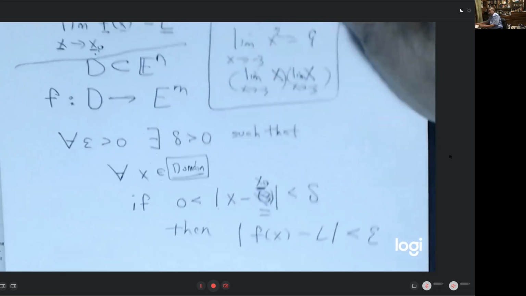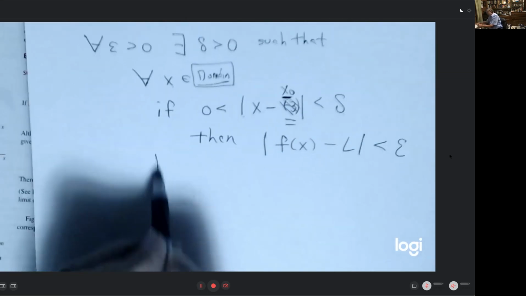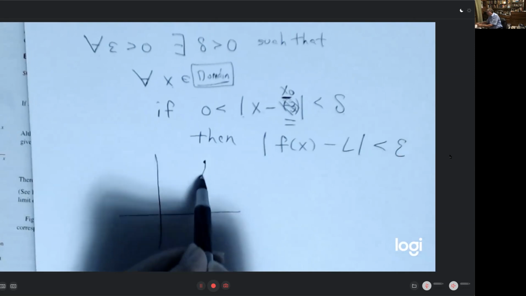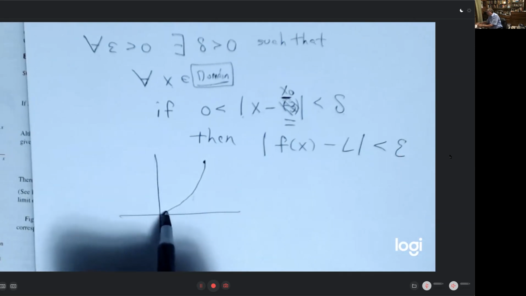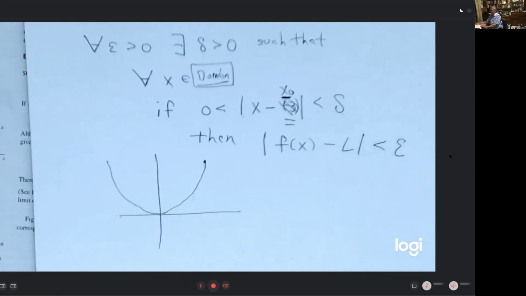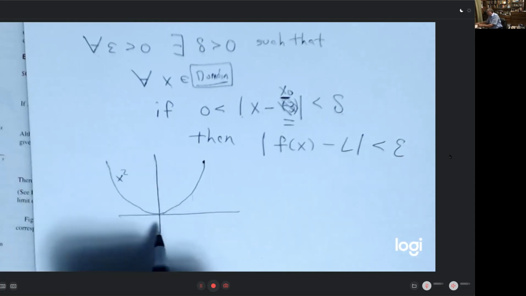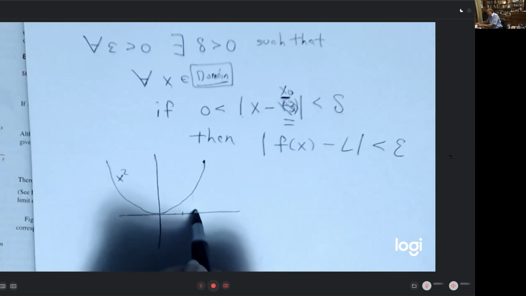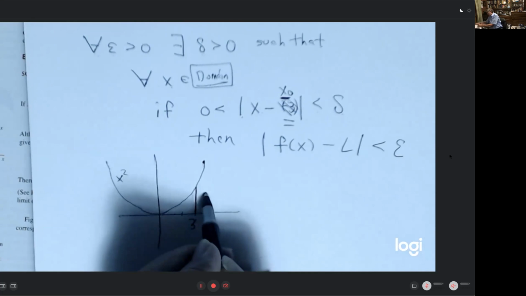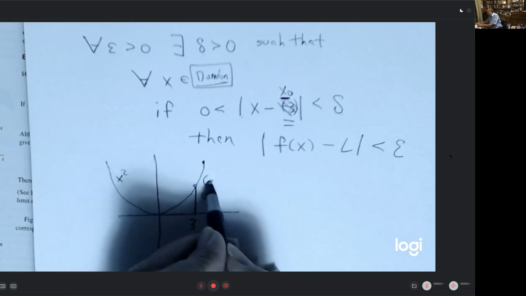For the problem we had at the beginning, if I graph it, part of the reason for doing limits is because I don't know what the graph is. But if I graph this x squared function and I go out here to 3, f of 3 is 9, so this would be the point 3, 9.